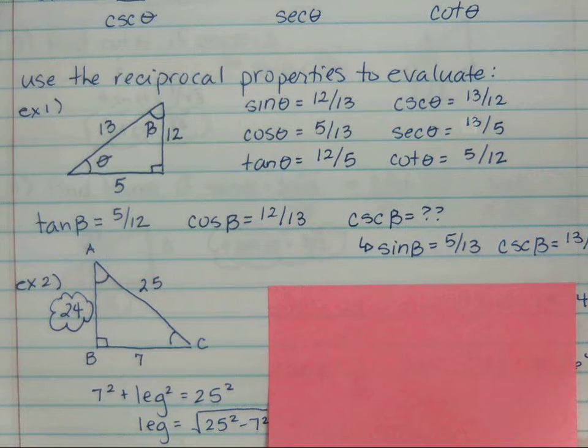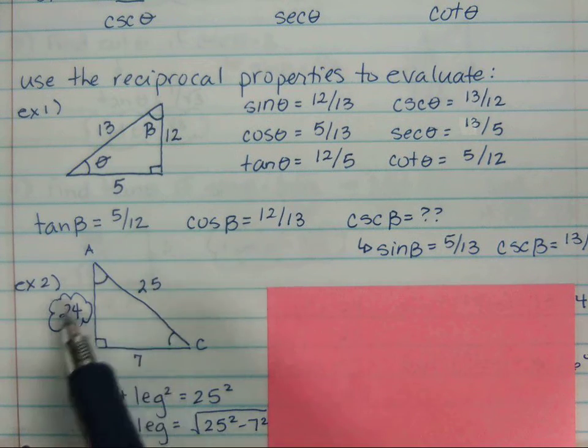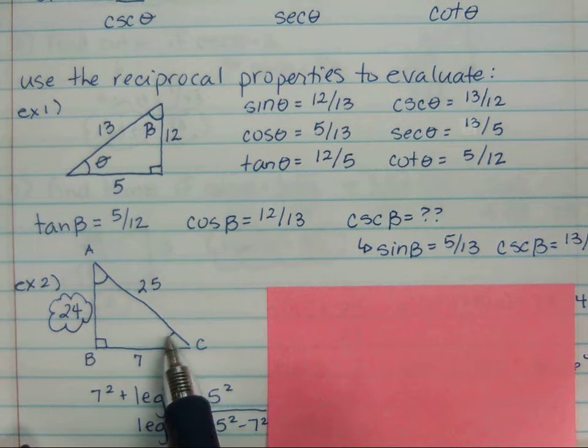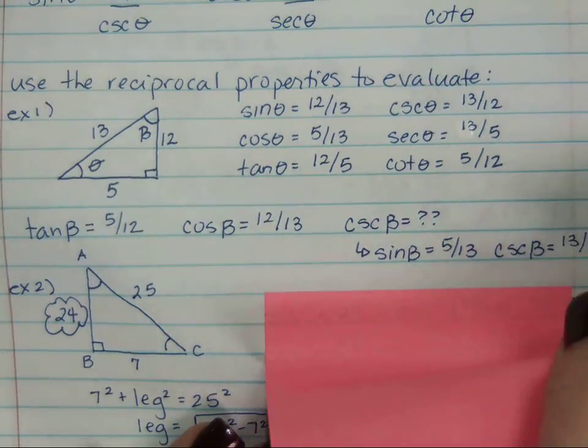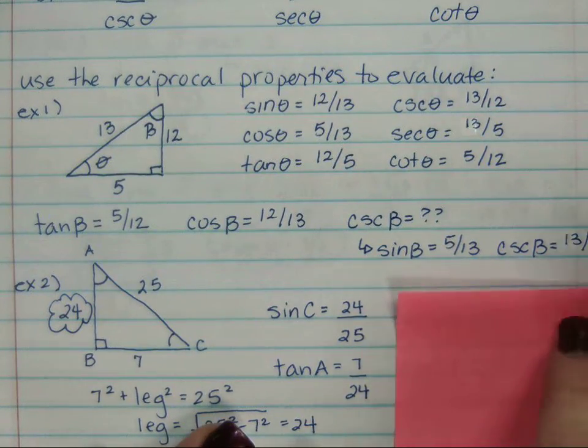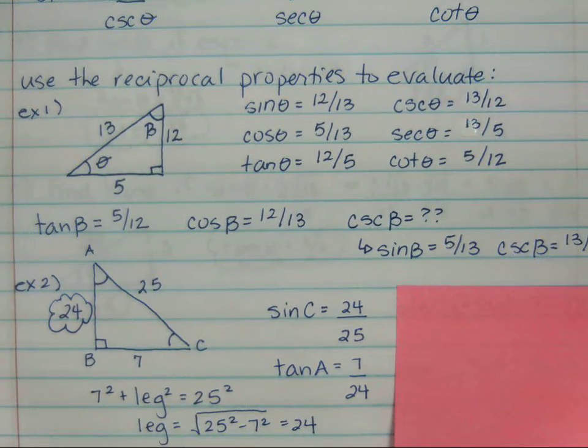And so what if I want to find the different degree measurements? Based off of these ratios, what is the actual degree measurement of C and A? For those, I'm going to use my trig functions. I'm going to set up a couple of different trig functions here.